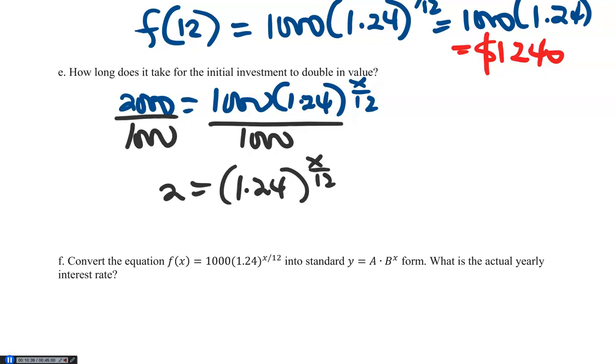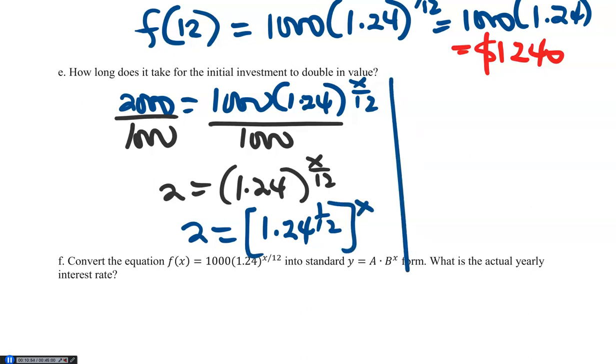And then we can rewrite this as 2 is equal to 1.24 raised to 1/12 to the power of x. And then to solve for x, you can take the log of both sides.